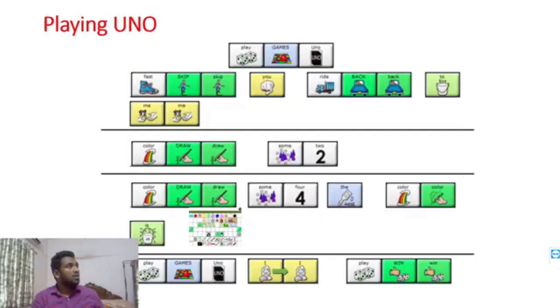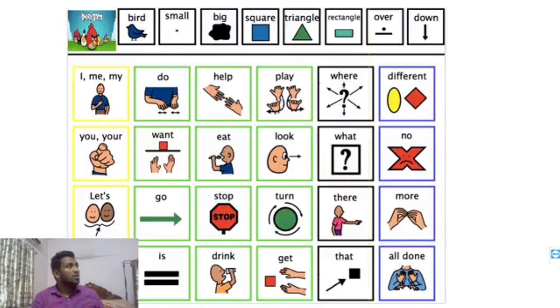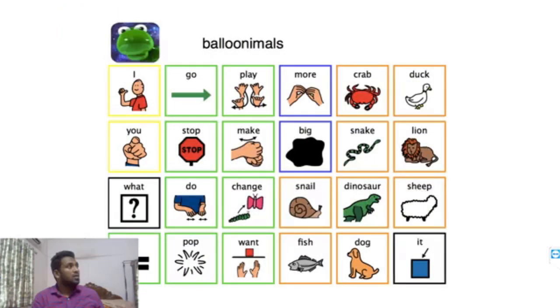Okay, then another example is playing Uno. These are different examples. Okay, you can make your own customized card. Sometimes your communication sheet for one task can have 3 icons or maybe 100 icons, depends on the child's level of understanding, how much the child is willing to point, past experience using the icons.